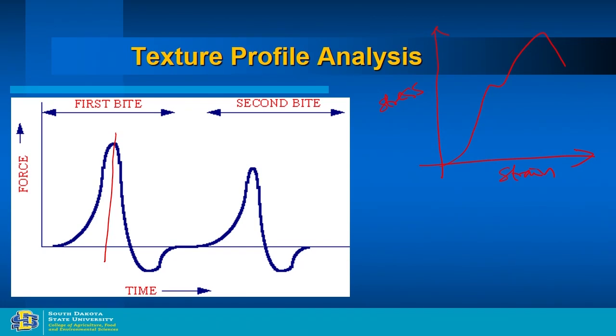Here I don't see any fracture or rupture, anything like that. I see fracture here, bio yield point, and rupture like that, right? So what is the difference between this curve and this curve? Any thoughts? Ma'am?